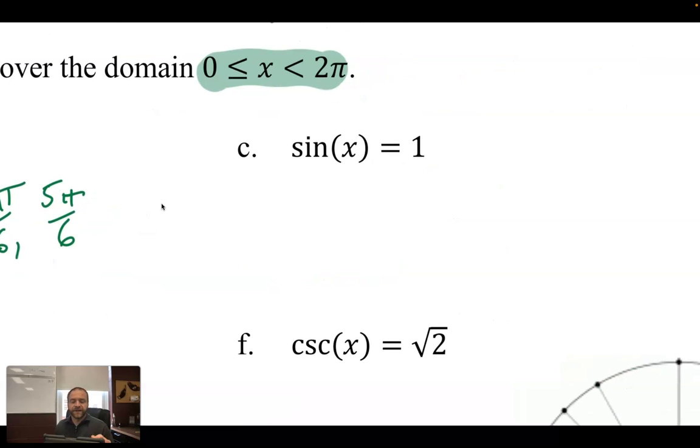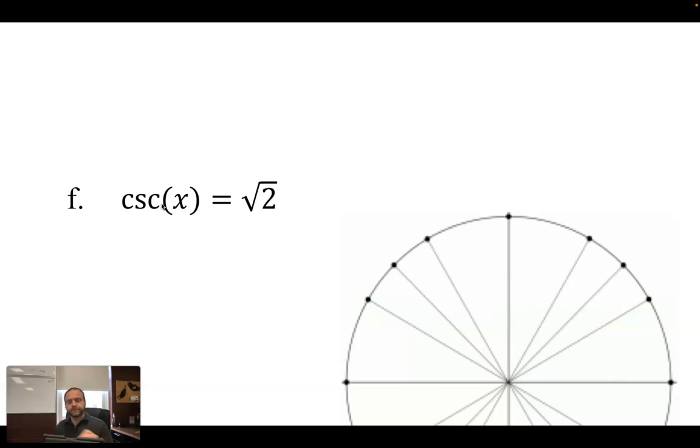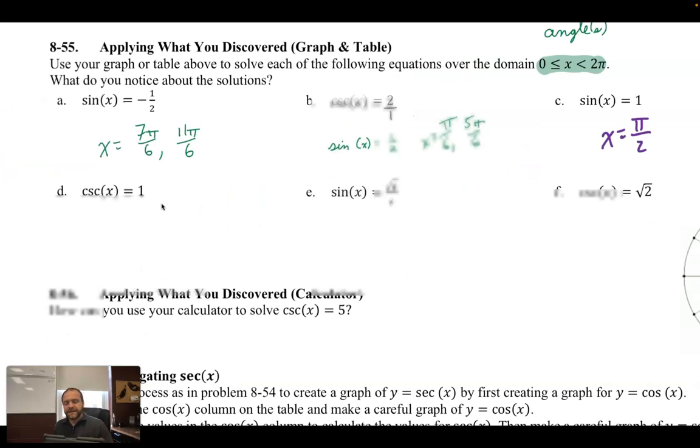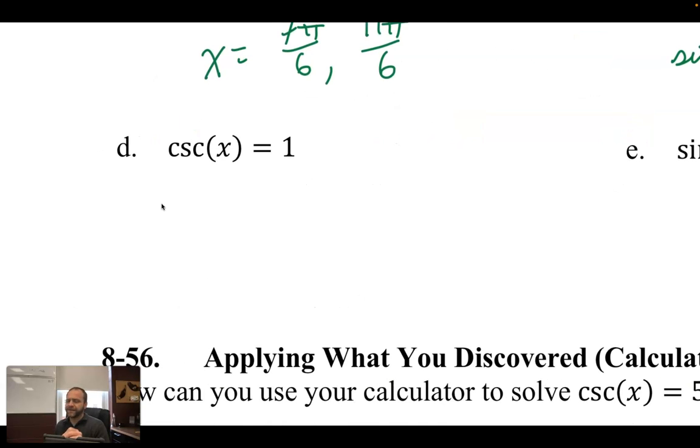Now, sine of x equal to 1 means you have a y value that equals 1. So that put me up here, and so that would be pi halves. So x equals pi halves. So that's just unit circle. But let's go to D, cosecant of 1. Well, wait a minute. Can't find cosecant on the unit circle, but I can do the reciprocal.